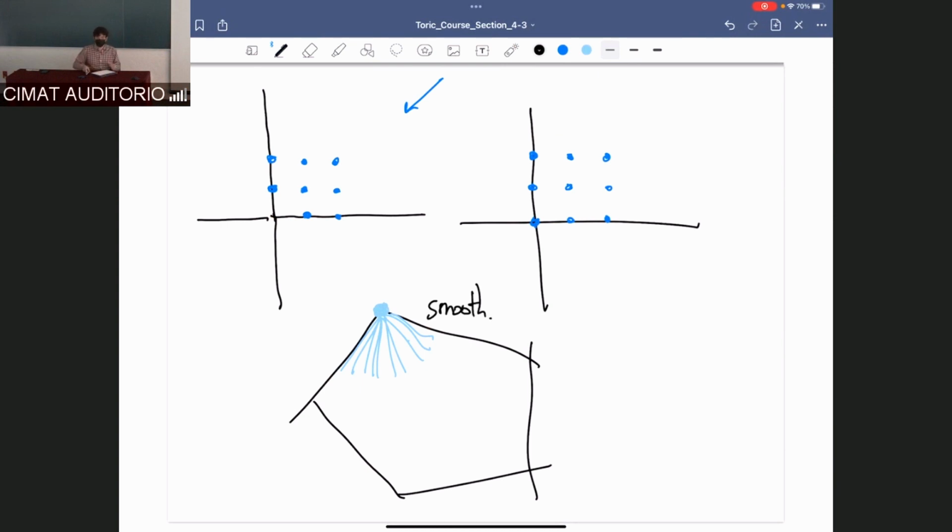So that's the condition. Look at the vertices and look at the cones out of each of those vertices. Translate this picture so that the vertex is the origin, and look at whether the cone that you see from that vertex is a smooth cone, in the sense that the very first lattice points over there are part of a basis of Zn.